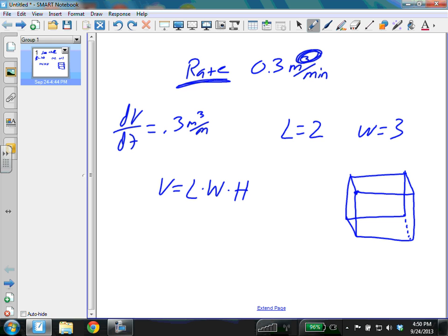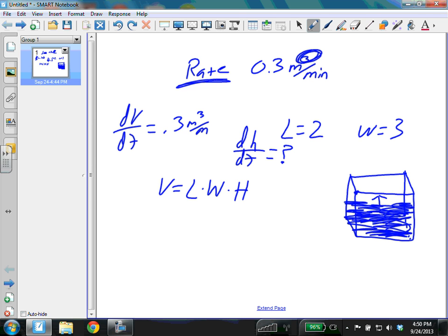Right? And if you imagine that the water began to pour into the tank, what it would do is begin to fill the tank up. It would begin to rise and rise and rise. And so the water level is actually going to be moving up the tank. So there will be a change in height of the water with respect to time, and that's actually what this problem is asking us for, right?